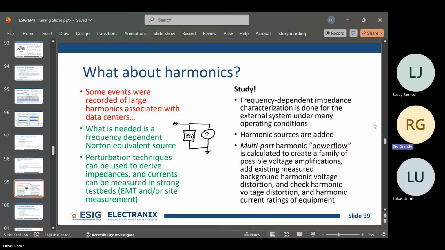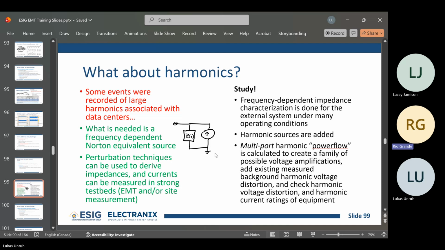Generally, this is not something you need to do in EMT, and EMT may not even be the best program to do it, because these harmonic power flow programs handle this type of data much more efficiently than EMT would, and I don't think you can get this Norton equivalent into EMT the same way that you can handle it in the harmonic power flow tools.